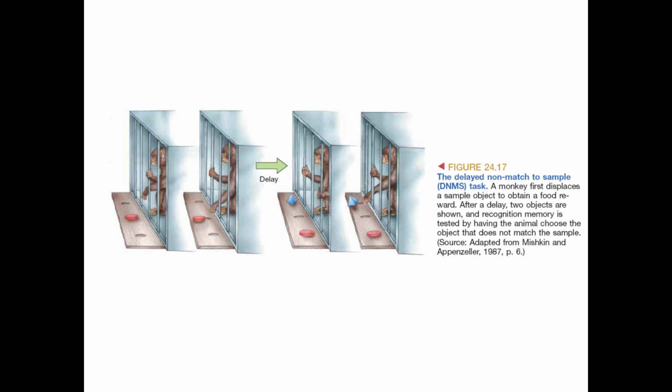You show the monkey food, then you cover the cage so the monkey cannot see where the food is, and then you open the cage again and the monkey has to remember where the food was, and you increase this delay, for example in this case 7 seconds, and the monkey has to remember.